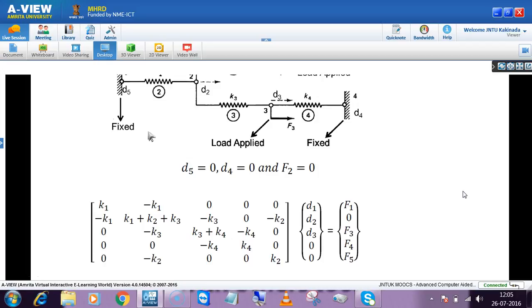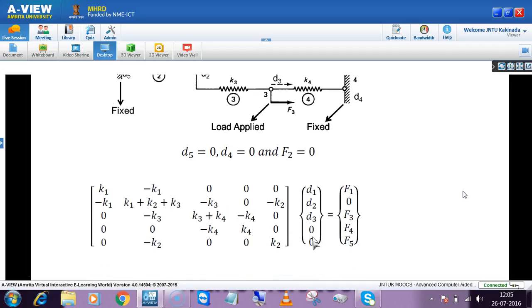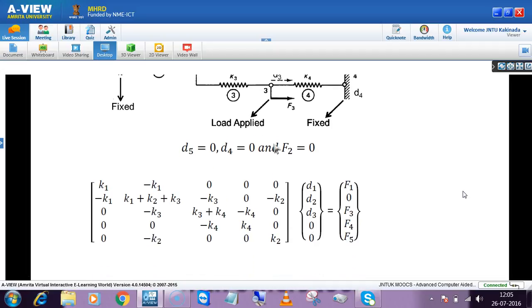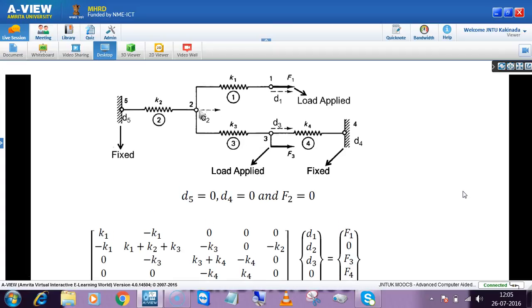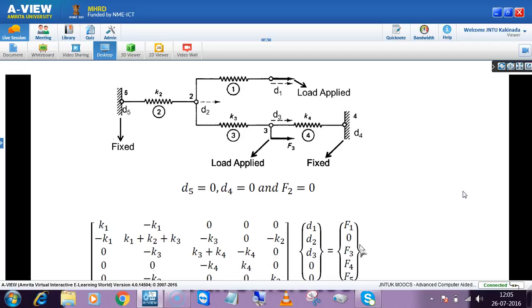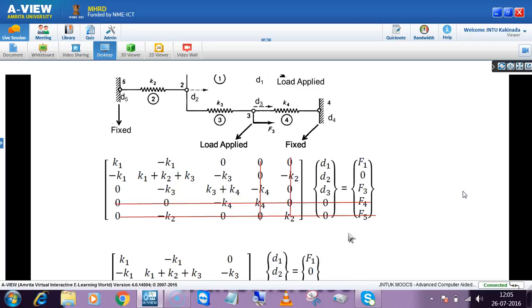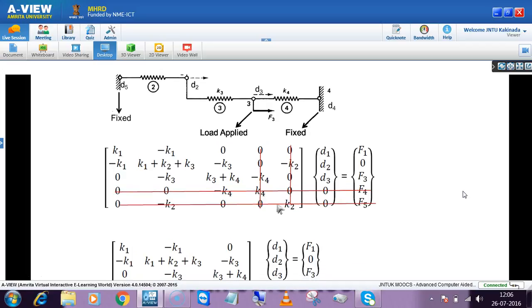We have D5 and D4 as 0, because we have the constraints at node locations 5 and 4. Those two are 0. And at node location 2, the forces are also 0, as there are no forces applied.